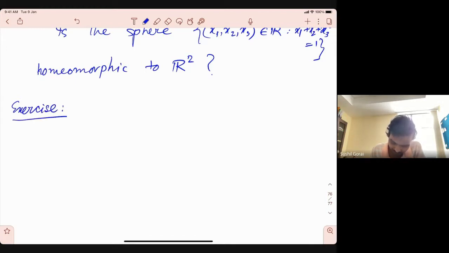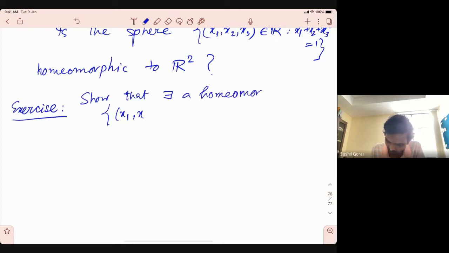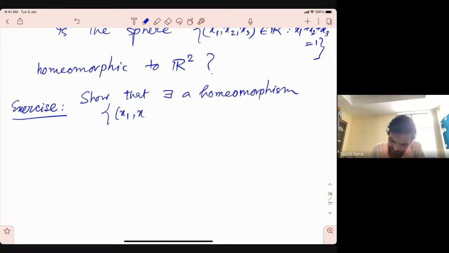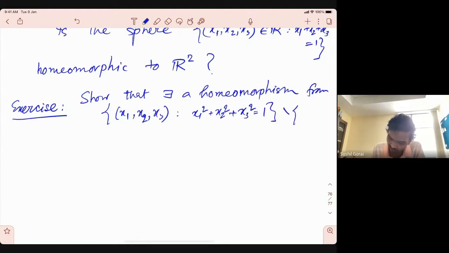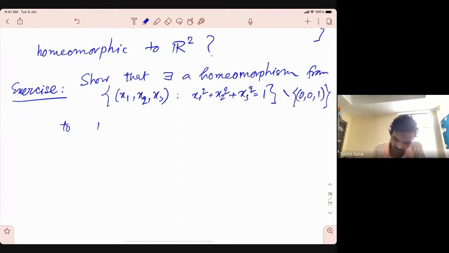So let's say, show that there exists a homeomorphism from the sphere, (x1, x2, x3) such that x1 squared plus x2 squared plus x3 squared equals 1, minus the point (0, 0, 1), to R2.